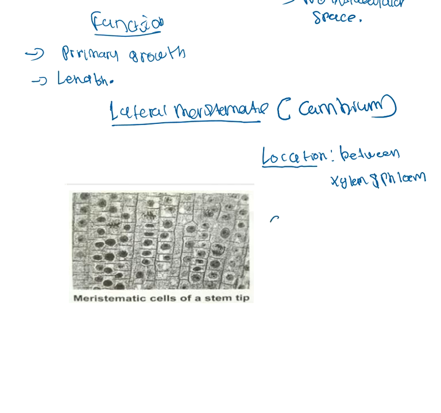So let's look at their structure. Their structure is similar to that of the apical meristematic tissue. But the difference is this: these cells, if you look at them, are elongated. They are flatter, like a mat, like a hardcover.